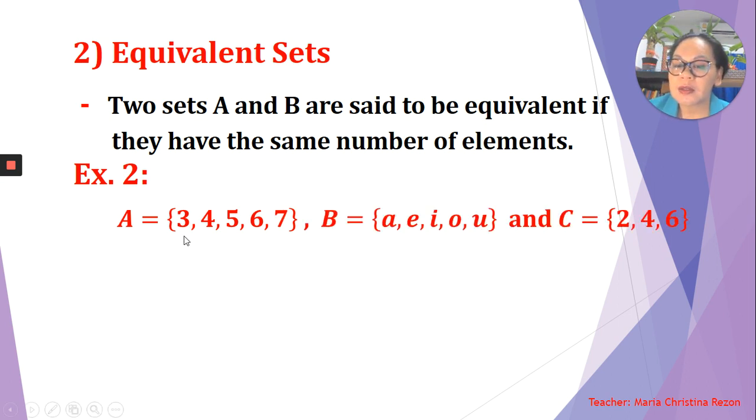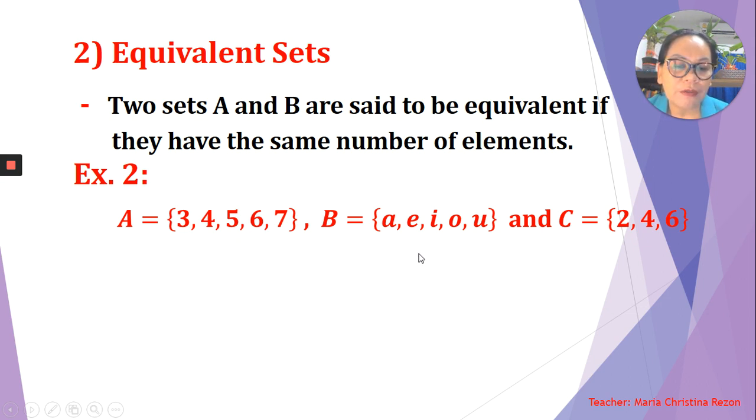A is a set of numbers 3, 4, 5, 6, and 7. B is a set of the vowels of the alphabet, so you have A, E, I, O, U, and then C is a set of numbers 2, 4, 6. Because we are after the same number of elements, let's count the number of elements. For A, we have 5.